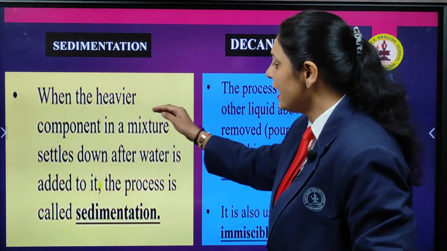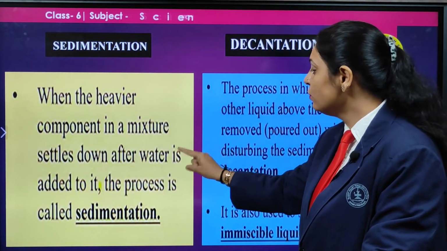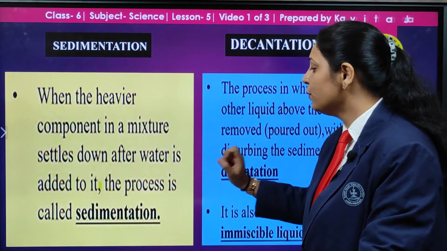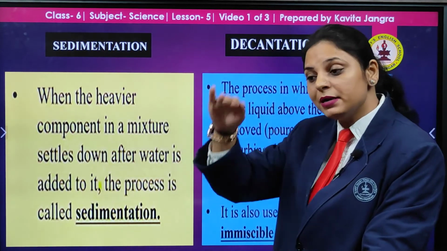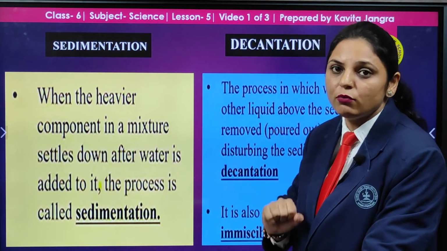Sedimentation is when the heavier component in a mixture settles down after water is added to it. That is sediment. Sediment means that which is settling down. Heavy particles will settle down when you pour the water in it.